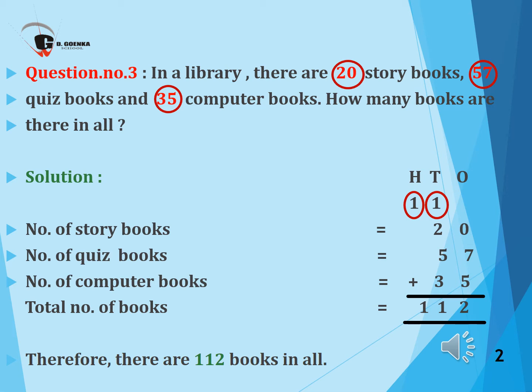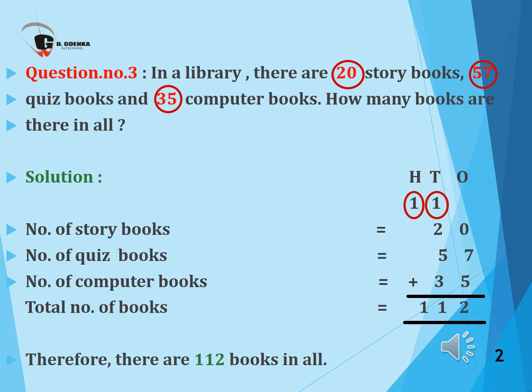So what we'll do here, we will align all our numbers under the place value ones, tens and hundreds. And now let's move towards our last sentence, that is how many books are there in all. So what is the keyword here? In all, which means you will have to add all the numbers together. So total number of books we'll have to find out.